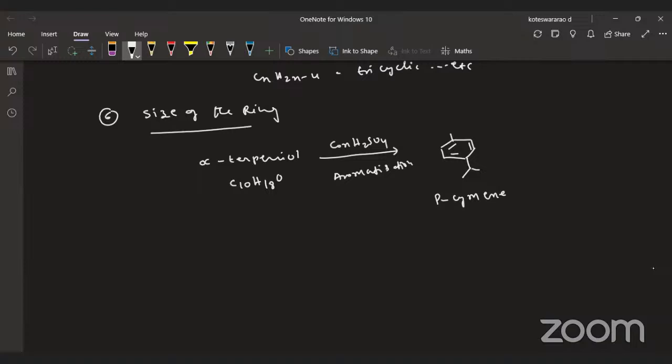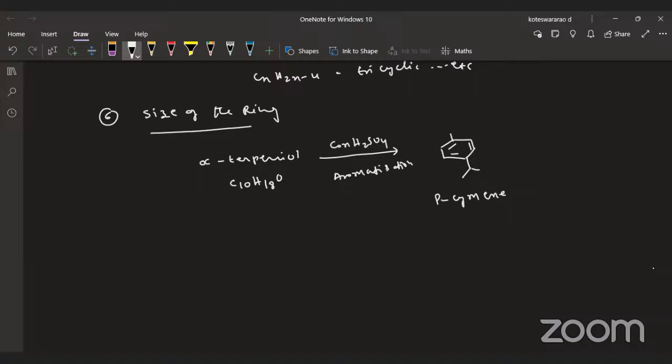The formation of paracymene indicates all these factors. Paracymene is a known structure. It is generated from alpha terpinol by treating with concentrated H2SO4. Therefore, the formation of this paracymene skeleton indicates that alpha terpinol is existing with the paracymene skeleton. Once it is existing with paracymene skeleton, it is existing with the 6-membered ring system.